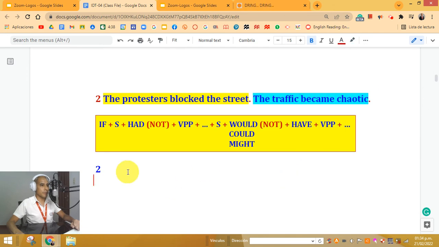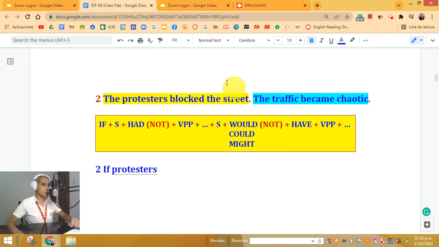Perfect. Now, what do I have to do? First of all, I have to put the if, the conditional. So I put if, then I need a subject, which is protesters. If the protesters, okay. Now, before we forget, if you notice, the protesters blocked the street is in the affirmative form.